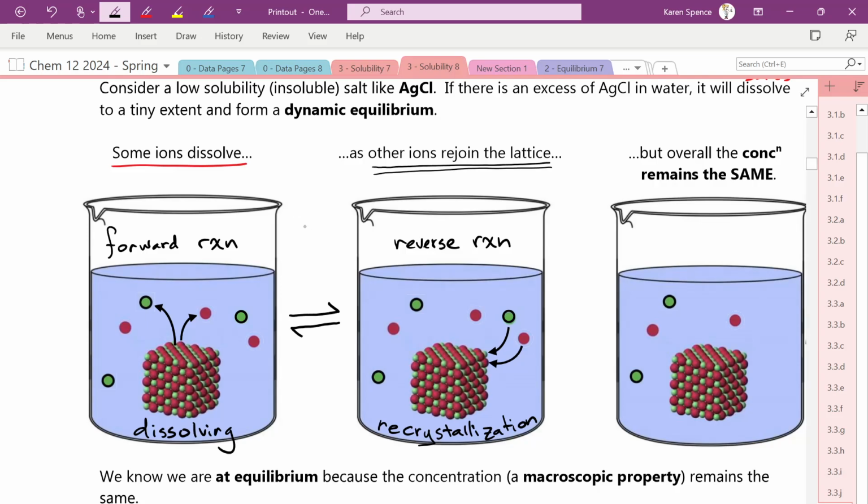And these two processes occur at the same time. And if they're occurring at the same time and at the same rate, what do we call that? A dynamic equilibrium.